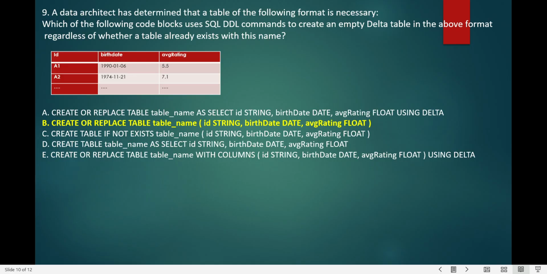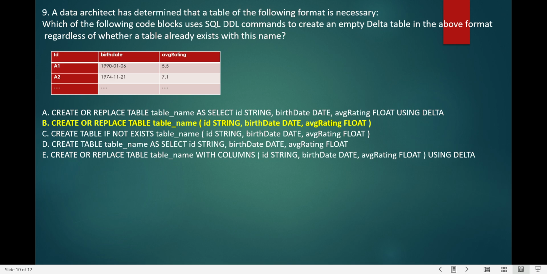Now the options they have given. Create or replace table name as select ID string, birth date, average rating float using delta. Option A is invalid syntax; select ID string is not valid SQL. Coming to option C, create table if not exists table name, ID string, birth date, average rating float. This creates the table only if it does not exist.